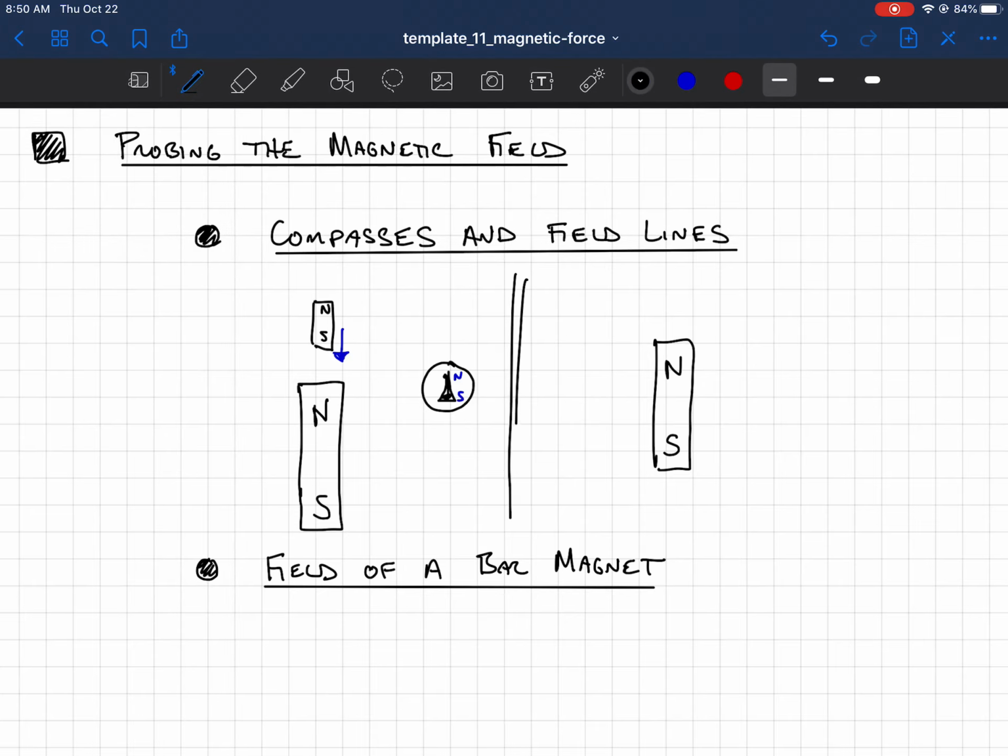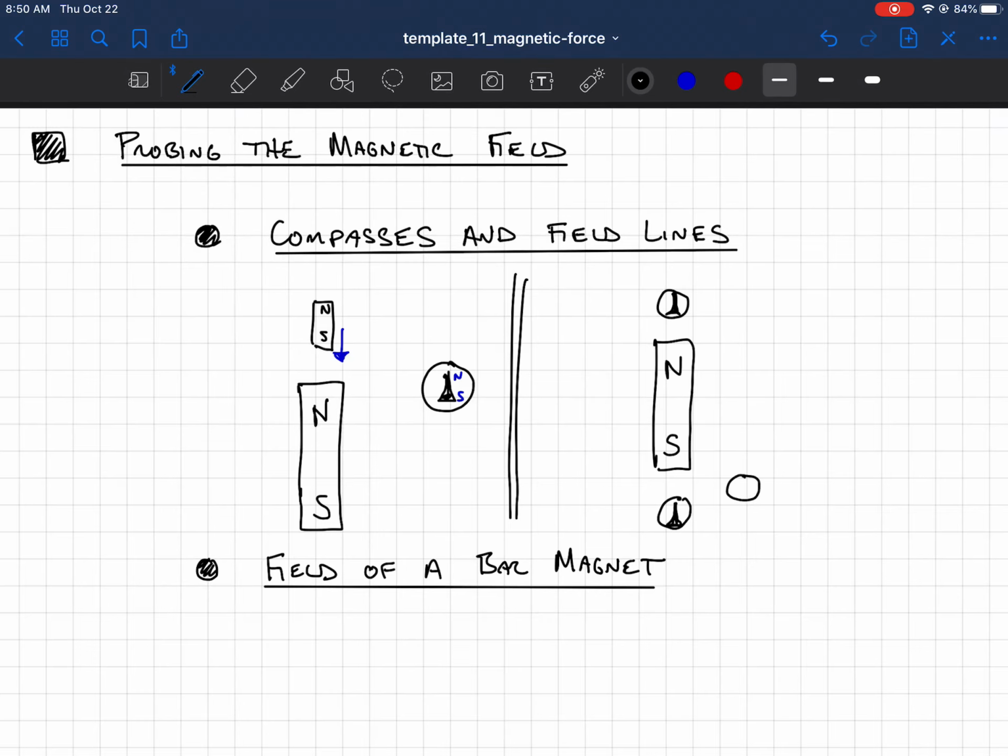So if we're going to probe the magnetic field near a bar magnet, it's going to look something like this, because the south end will align with the north end. And then down below, it'll look something like this, because the north will be attracted to the south.